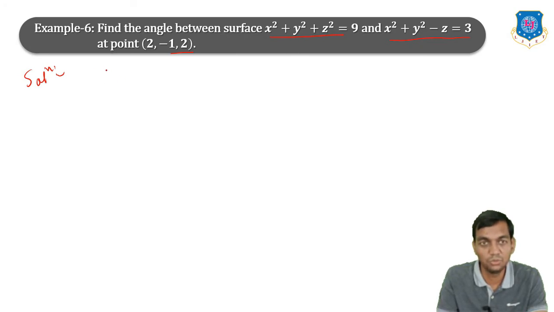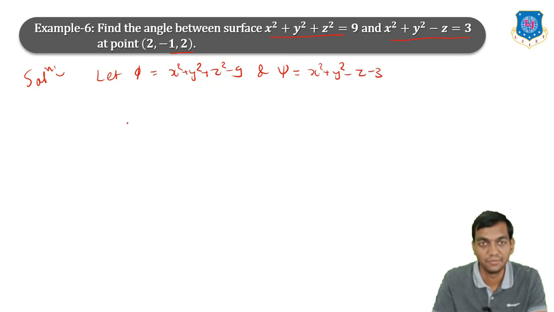So what we are going to do, let us name the surfaces. The first surface I am going to call phi. Phi is equal to x square plus y square plus z square minus 9. And the second surface is psi, x square plus y square minus z minus 3.